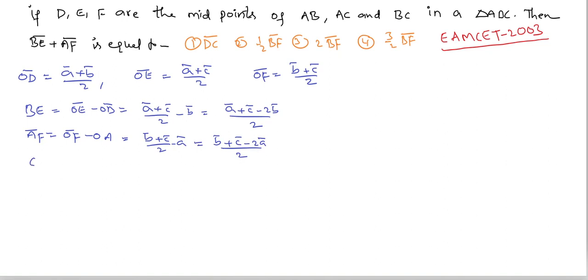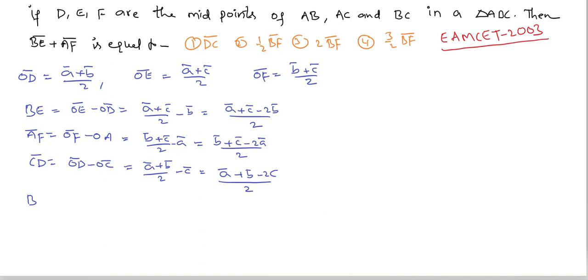Now find CD bar. CD bar is equal to OD bar minus OC bar, that is A bar plus B bar by 2 minus C bar, equal to A bar plus B bar minus 2C bar by 2.